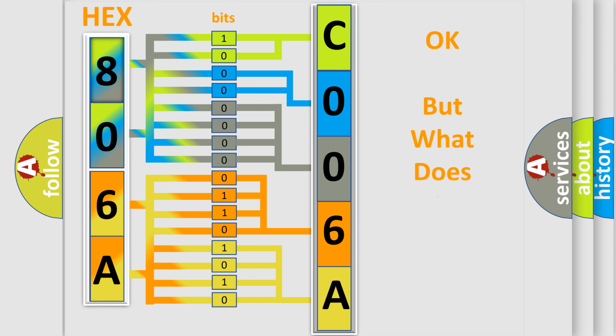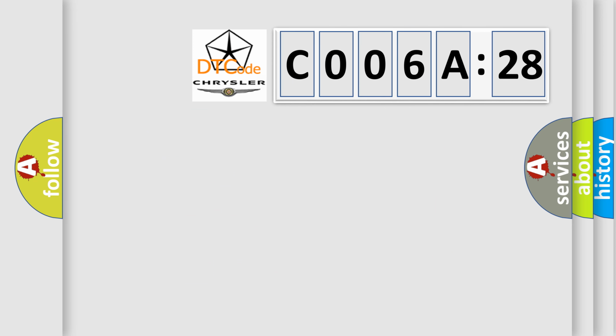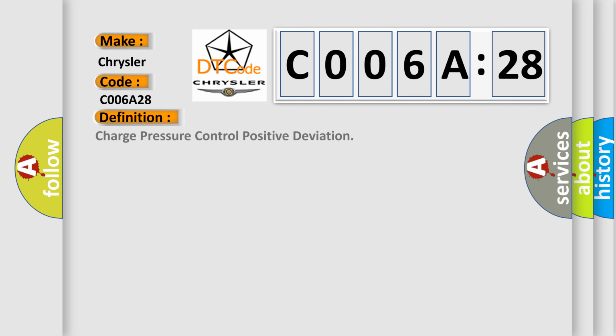The number itself does not make sense to us if we cannot assign information about it to what it actually expresses. So, what does the Diagnostic Trouble Code C006A-28 interpret specifically for Chrysler car manufacturers? The basic definition is charge pressure control positive deviation.